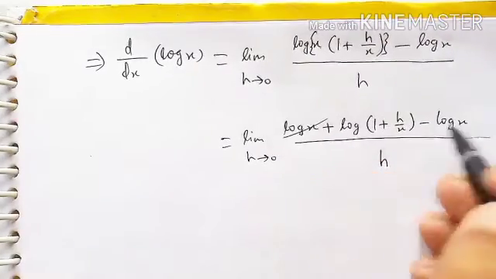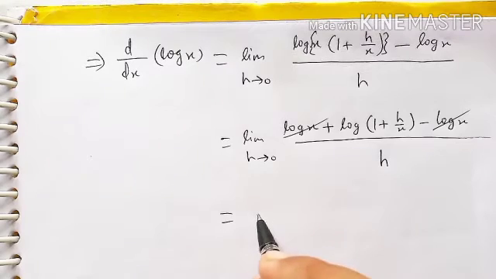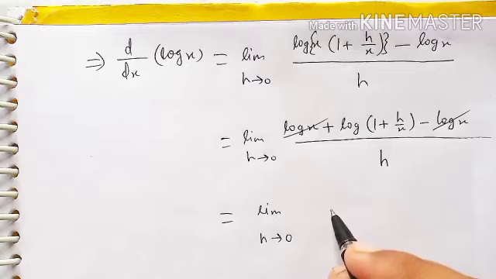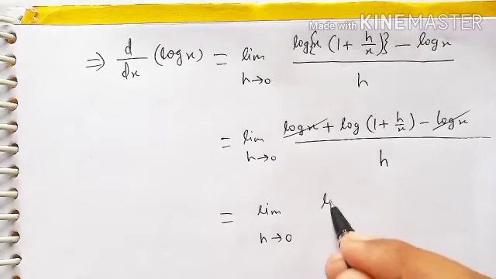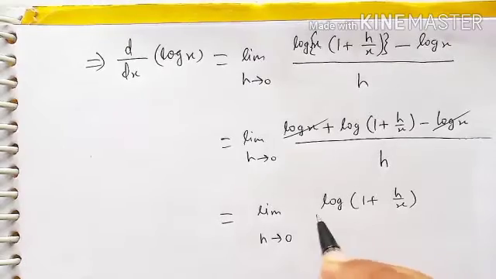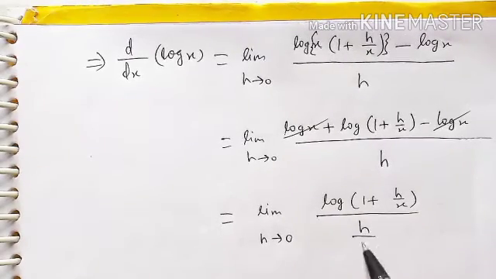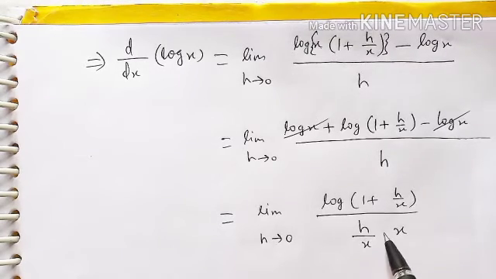Here this is cancelled. Now we have this one. We divide it with x. So here we multiply with x.